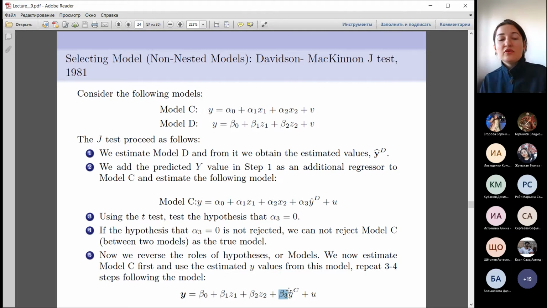And again, if you do not reject this null hypothesis, it means that it's better to choose model D over model C.